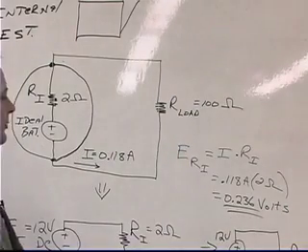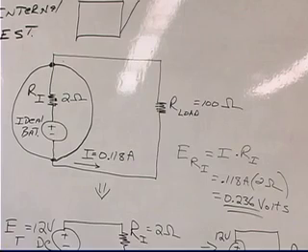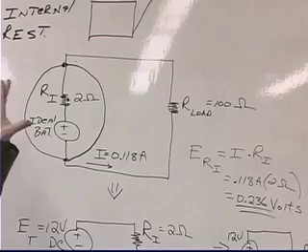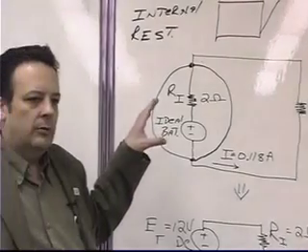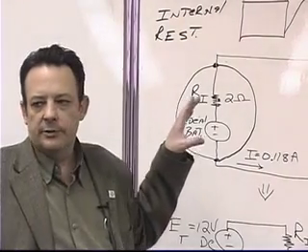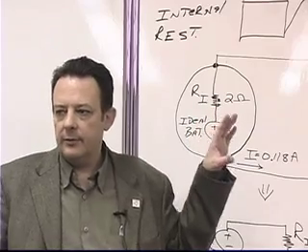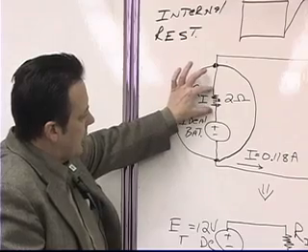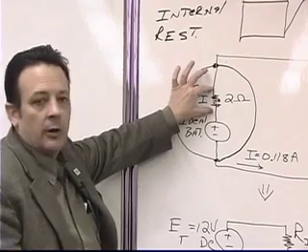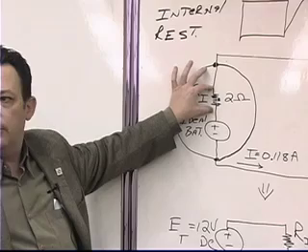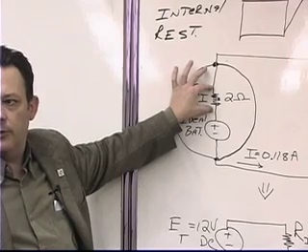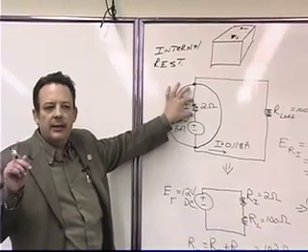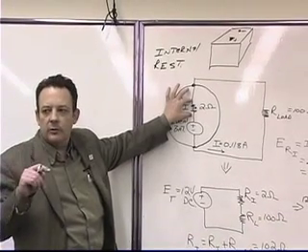0.236 volts. So what that means is that if we were to somehow have the ability to get inside of our source, then when we took a measurement of the voltage drop across the internal resistor, that voltage drop would be 0.236 volts, right? So what does that mean? And this is the key to understanding the effect of internal resistance.